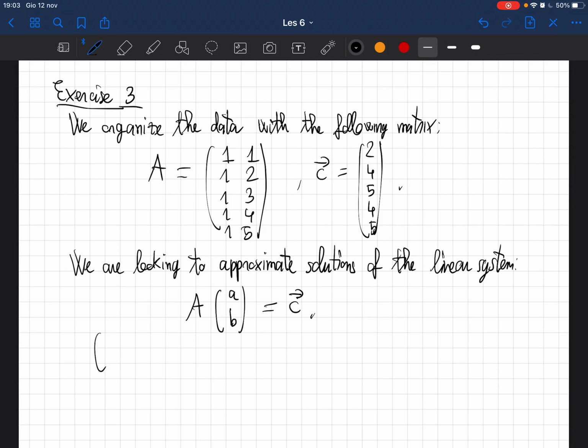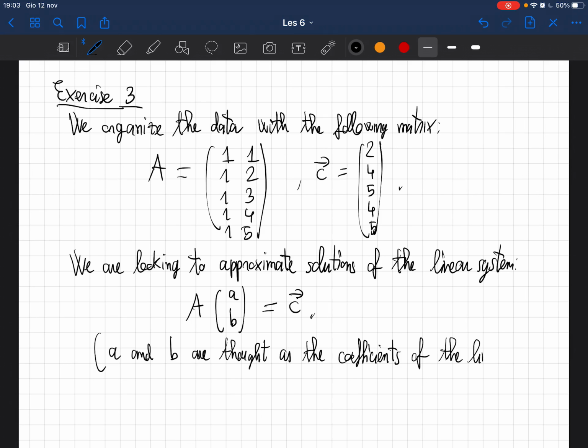If you want, you can say something like this: A and B are thought as coefficients we want to find.